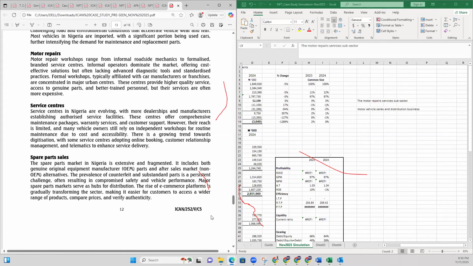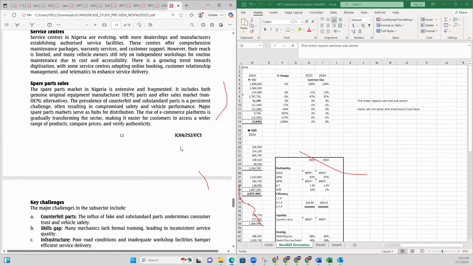However, their reach is limited, and many vehicle owners still rely on independent workshops for routine maintenance due to cost and accessibility. There is a growing trend towards digitization, with some service centers adopting online booking, customer relationship management, and telematics to enhance service delivery.